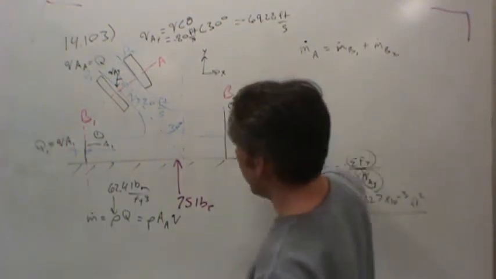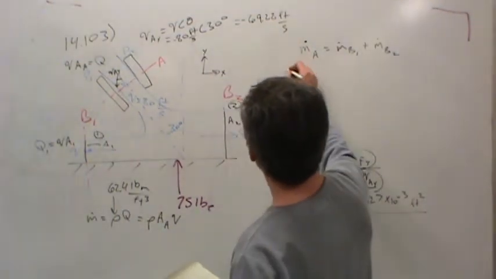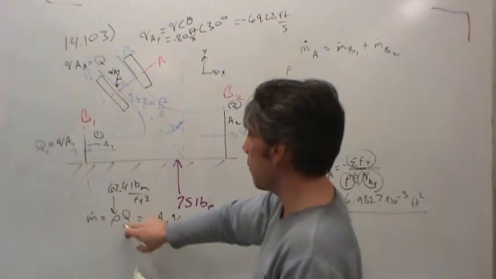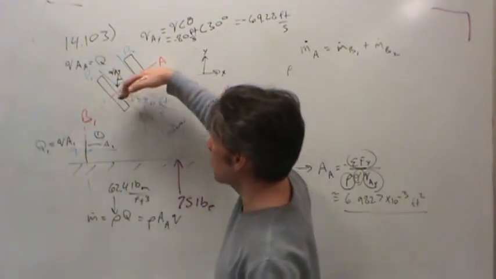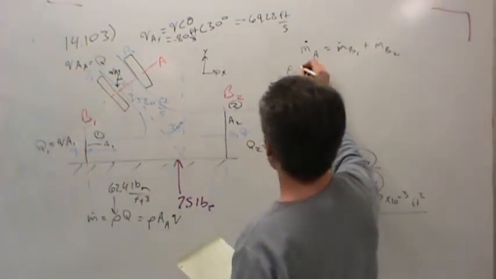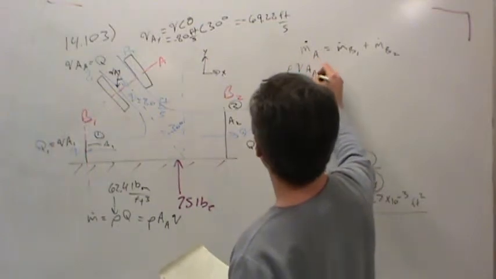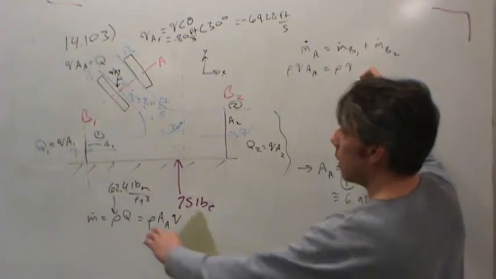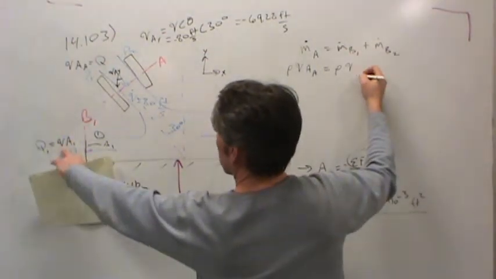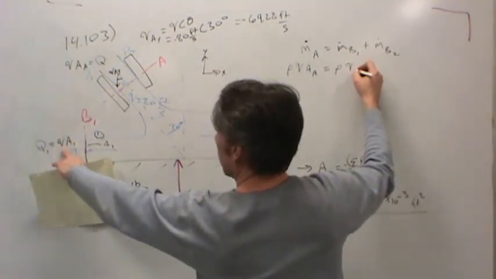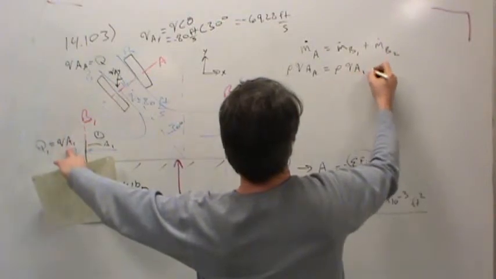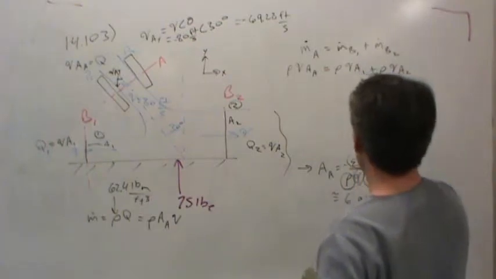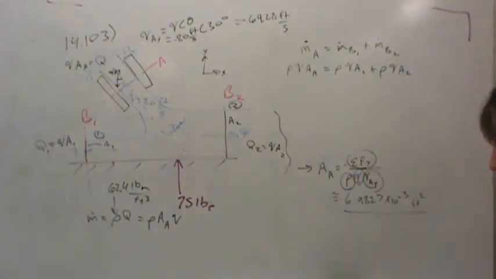Now, we could expand this a little bit and write it in terms of density and volumetric flow rate, and we could write volumetric flow rate in terms of cross-sectional areas times velocity. So this would be rho V A_A equals rho V multiplied by A1 plus rho V A2, right?